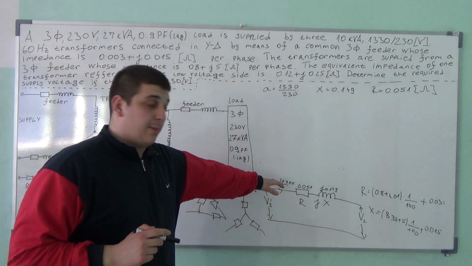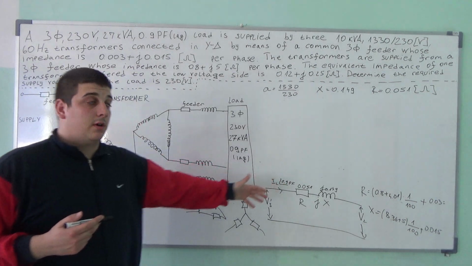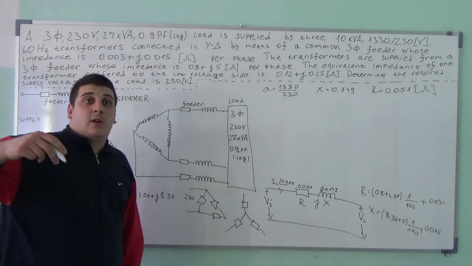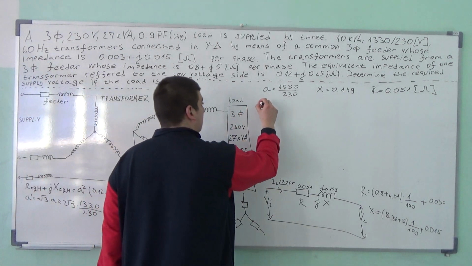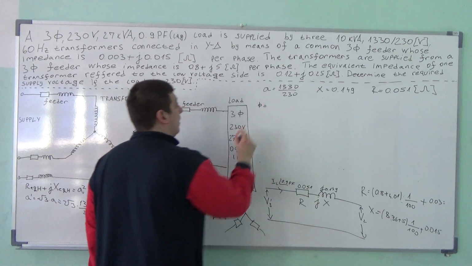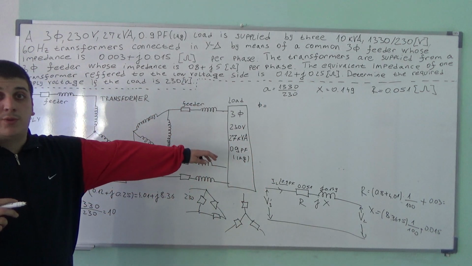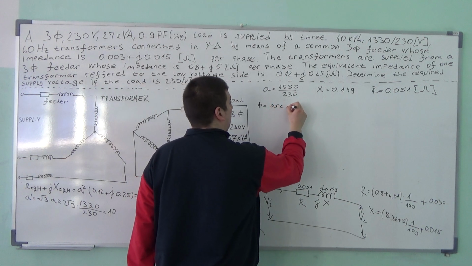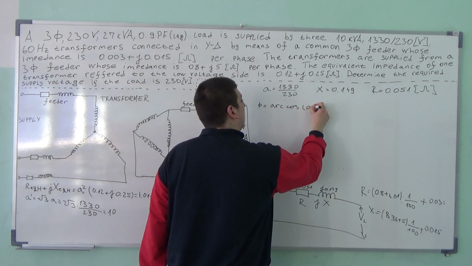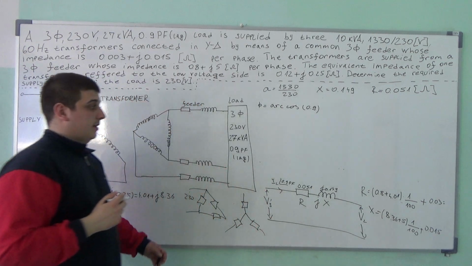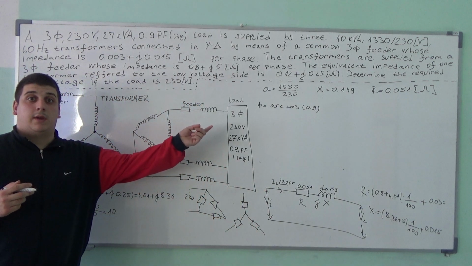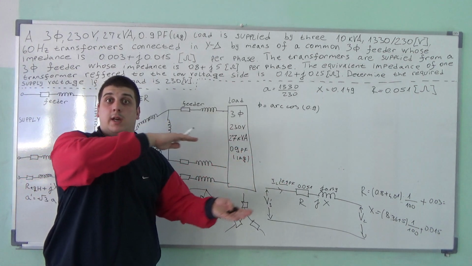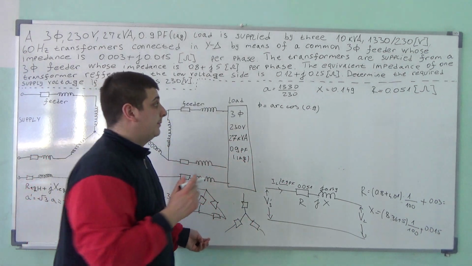Okay, now what is the angle of the current? Well, first, what is that phi angle? Well, if we know that the power factor is 0.9, then this is how we can measure the angle of the current, because this current has a real and a reactive part.